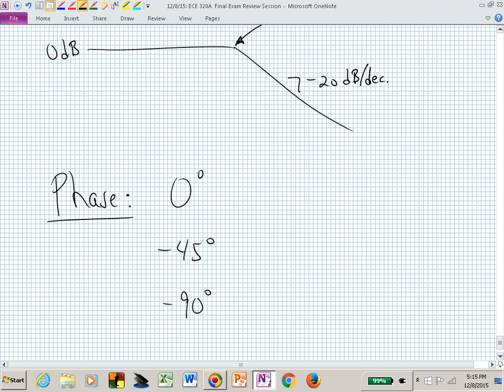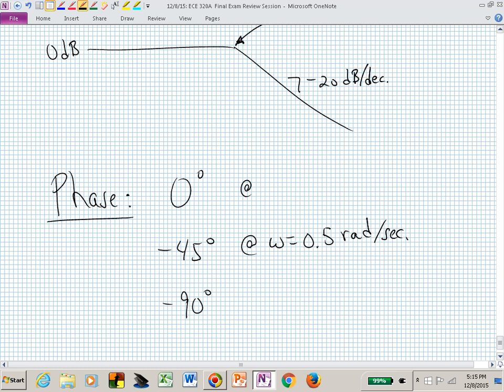Up until what frequency are we an angle of 0? All the way up until we are a decade before the sweet spot, or Goldilocks' best location, which is the break frequency. We're at 45, right at the break, and then we just look at the pieces around that.